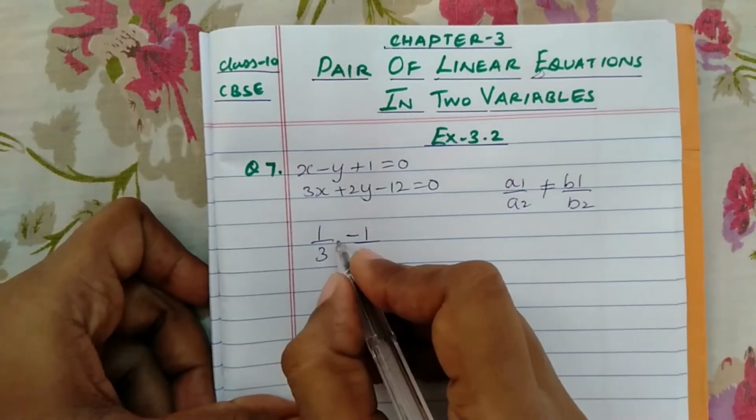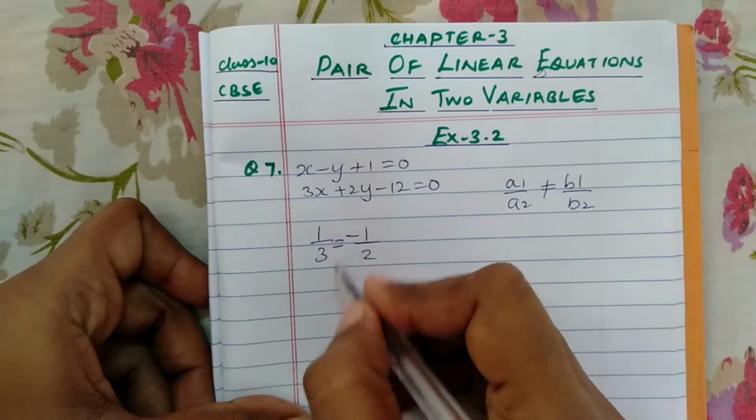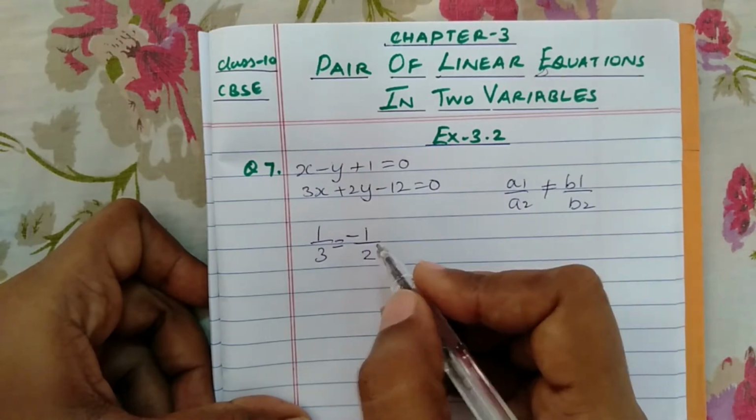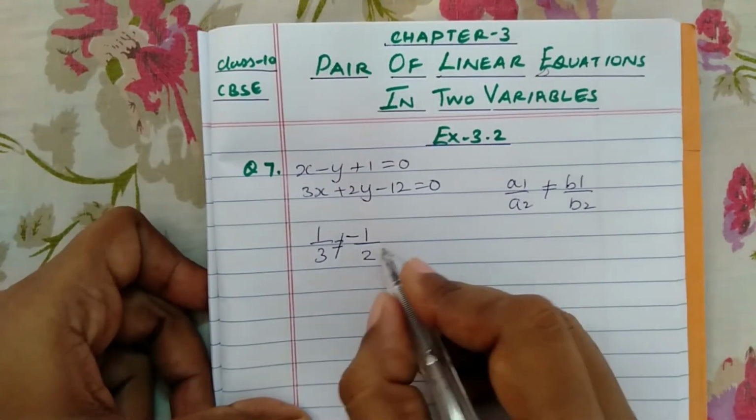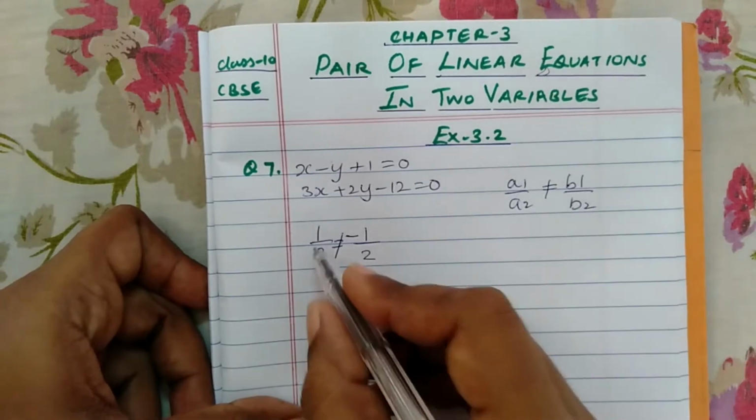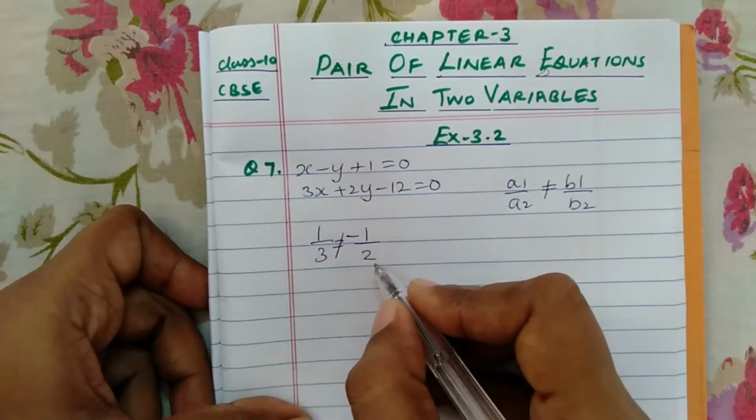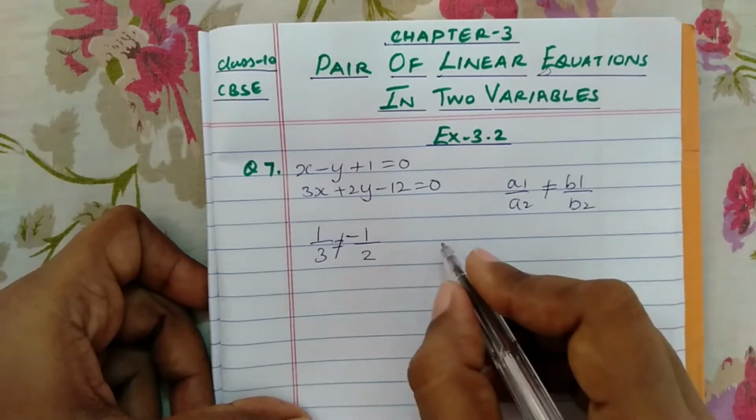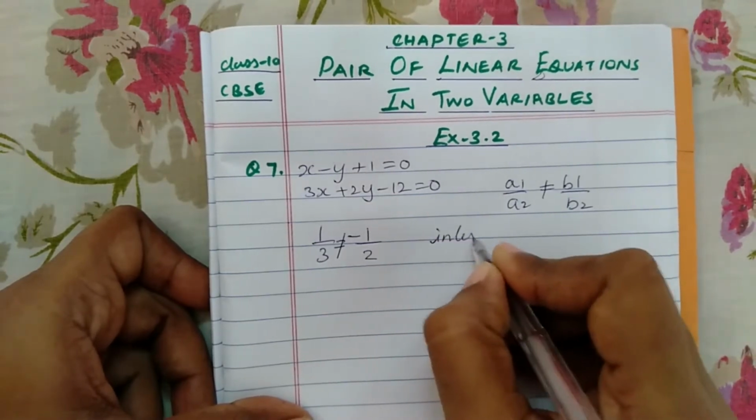So here, as you can see, they are not equal to one another, right? So this actually satisfies this condition, a1 by a2 is not equal to b1 by b2. So this will form intersecting lines.